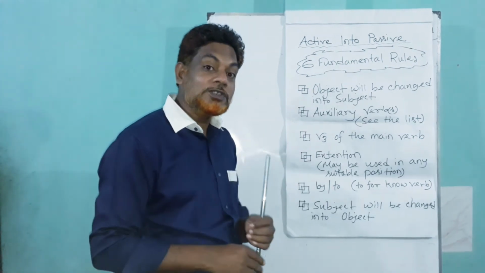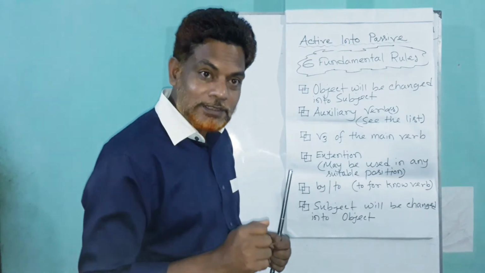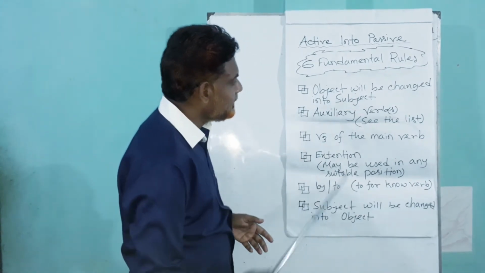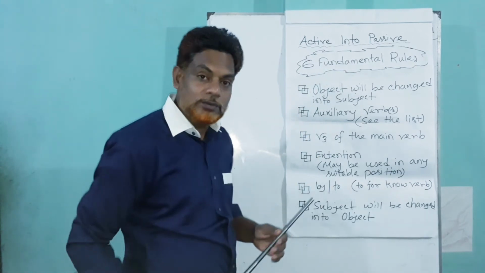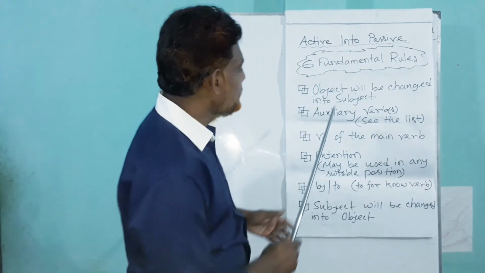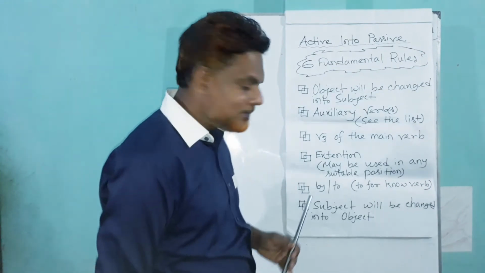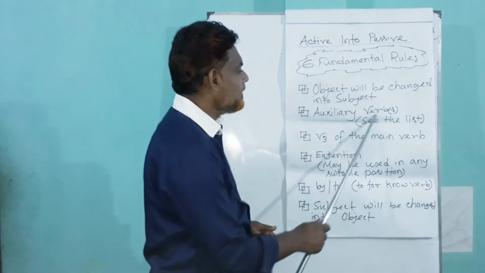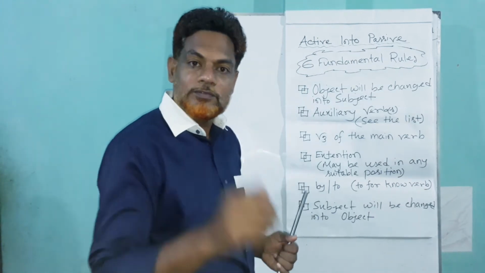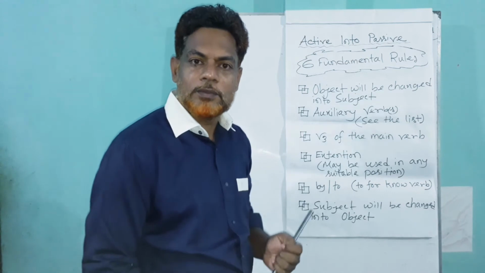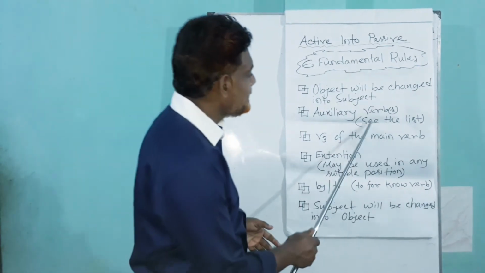You have to find out 3 things from the active voice and you have to follow the serial of these 6 fundamental rules. First of all, you need to change the object into subject. Then you have to write the auxiliary verb or verbs. Now it's a question: when will which auxiliary verb be used? See the list.